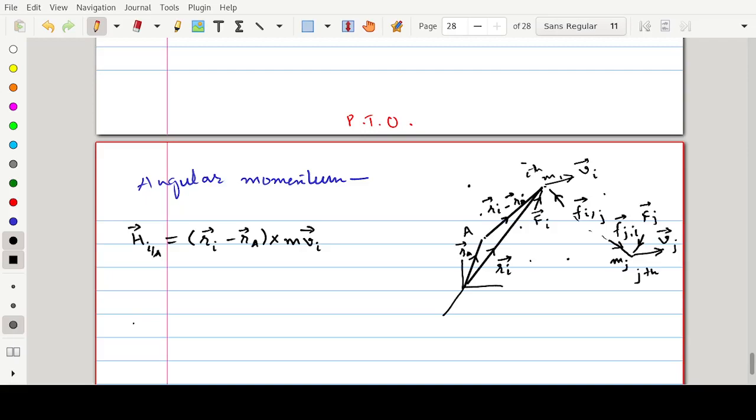Now we have to sum this up to find angular momentum for the whole system. So this is for ith particle. This is for the whole system. So for the whole system, angular momentum with respect to point A is given by summation over all i's of angular momentum of individual particles.